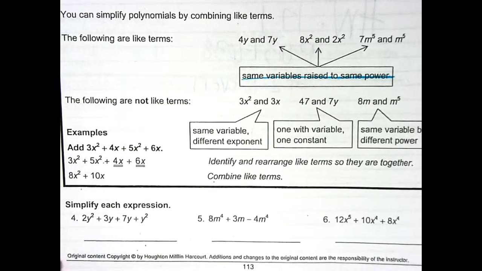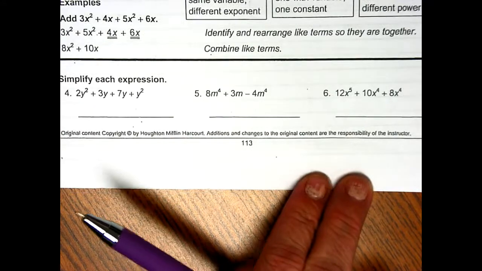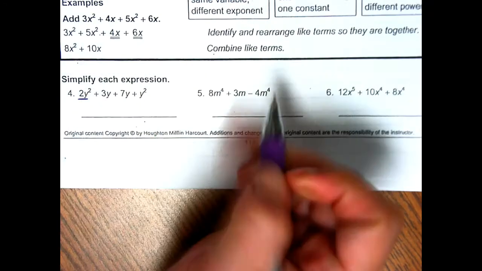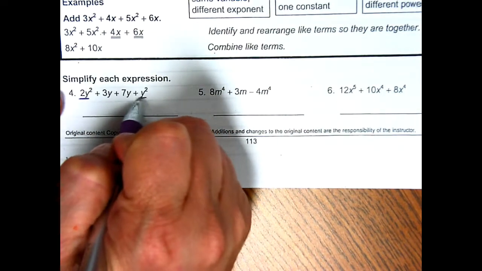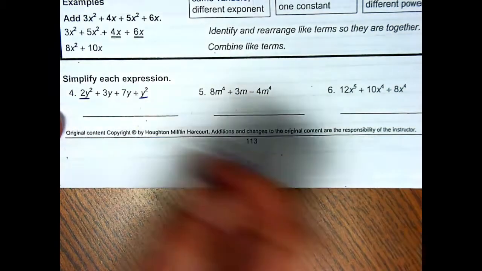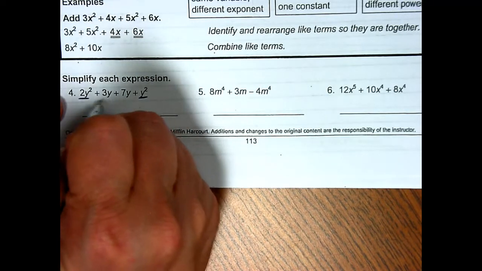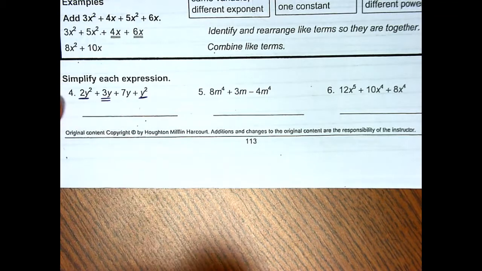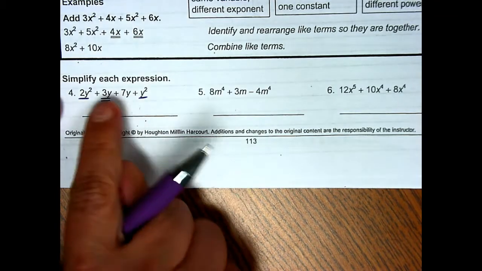Okay, so for 4, 5, and 6, we're going to simplify each expression. I'm going to underline the first term, and the variable is y squared. So I have a y squared here, so I'm going to underline that also. The next term, I'm going to go ahead and put 2 lines underneath. So that variable is y.